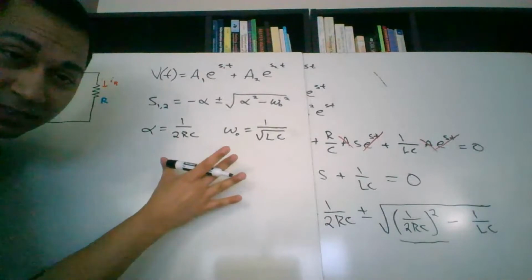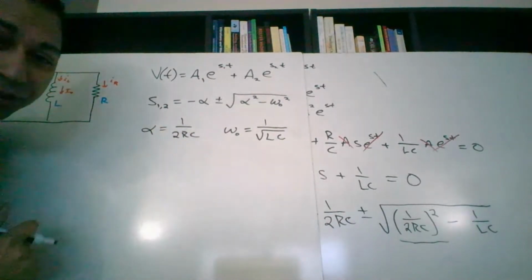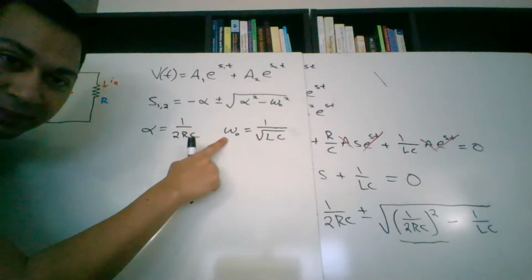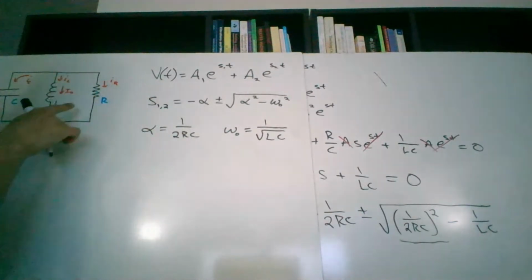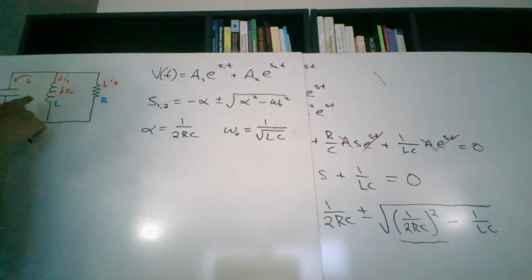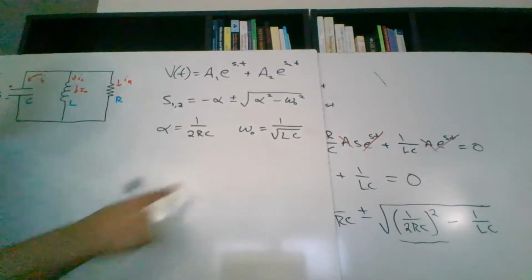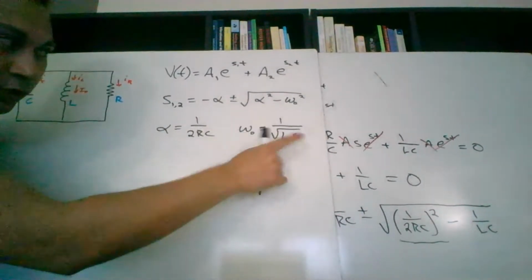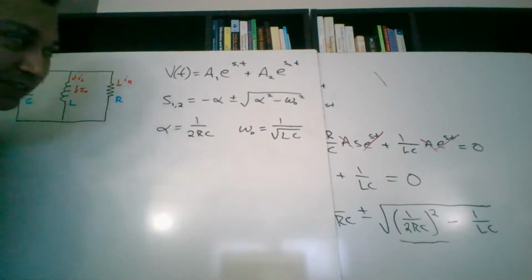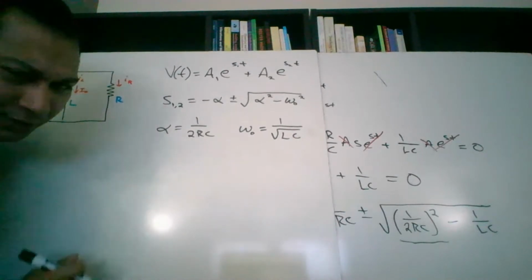There's a lot to digest here. Now, these two actually have names. This is called your natural frequency. If you didn't have resistance here, the current would oscillate back and forth with a natural frequency of 1 over square root of LC. We actually derived this when we were talking about LC circuits. Over here, this is a very important term.